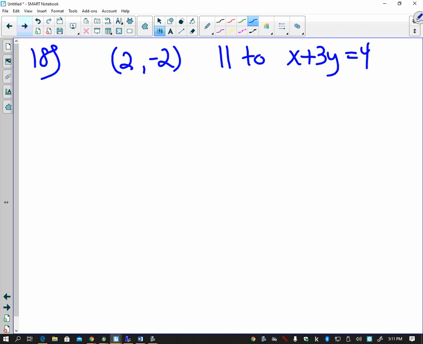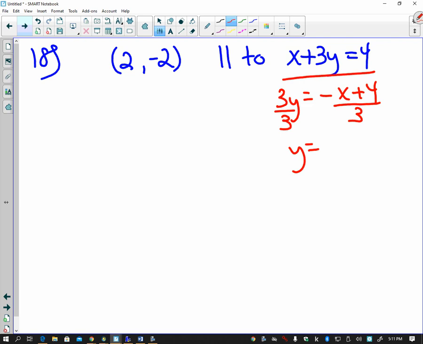The first thing I would do is take that equation and turn it into slope-intercept form. So I've got 3y equals -x plus 4, divide by 3, y equals -1/3 x plus 4/3. We don't really need the 4/3 at all. We just need the slope because we're looking for an equation that's parallel.